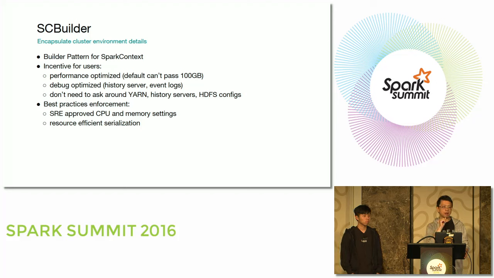Through the SC Builder, the Spark context will come along with an optimized, for example, efficient serialization format. And we'll also help the SRE to configure the optimal CPU and memory setting.